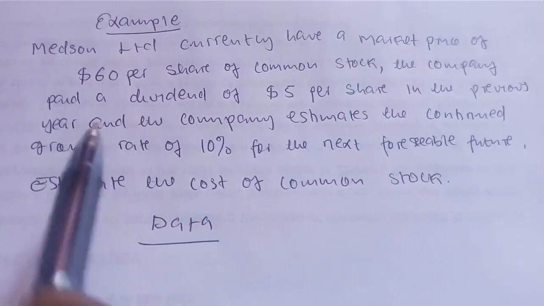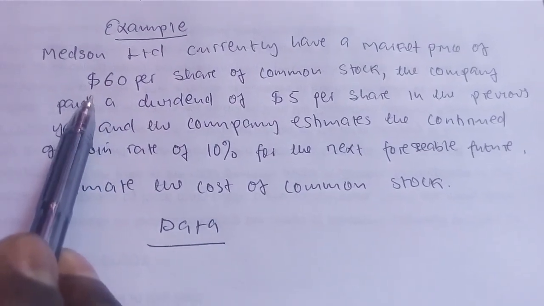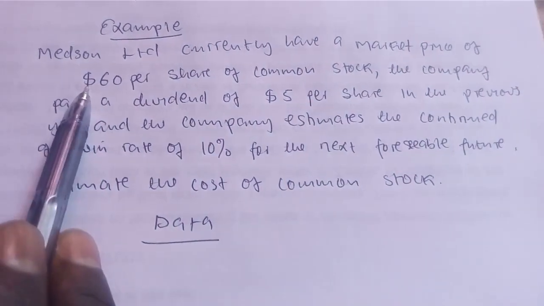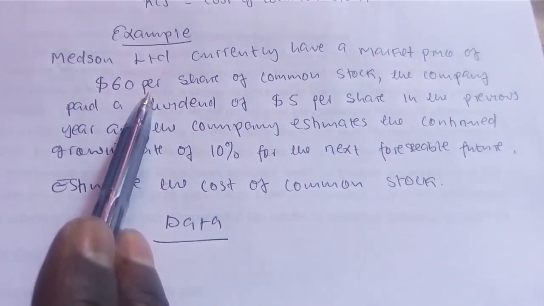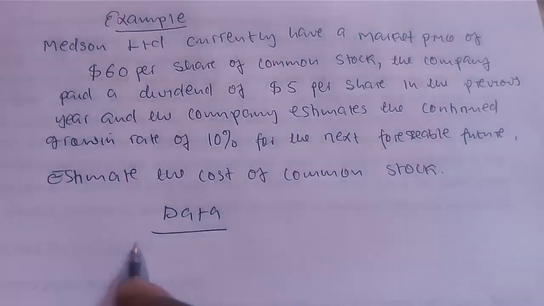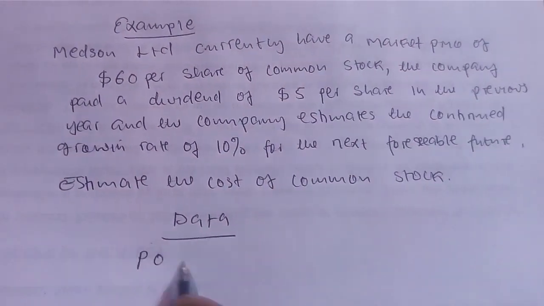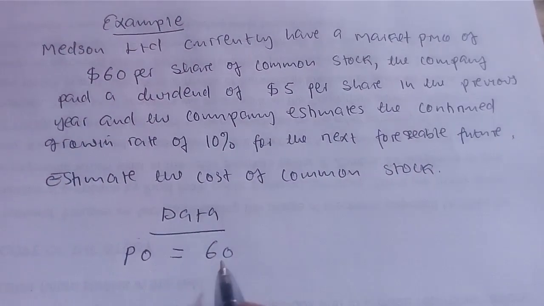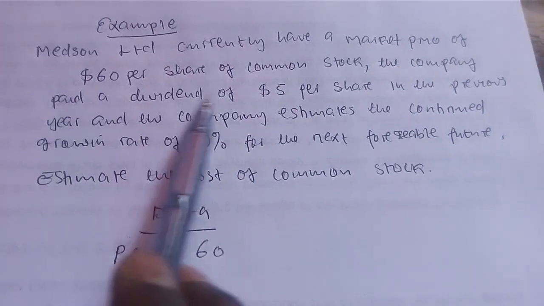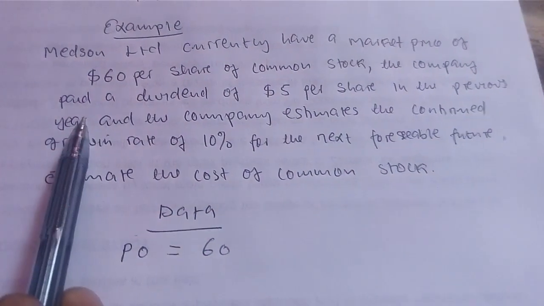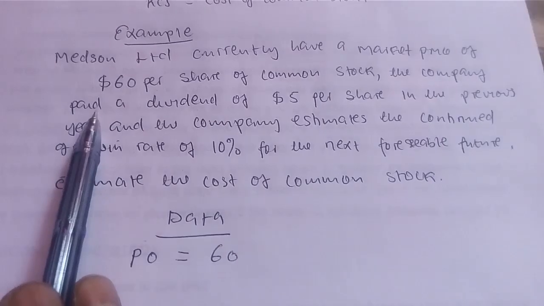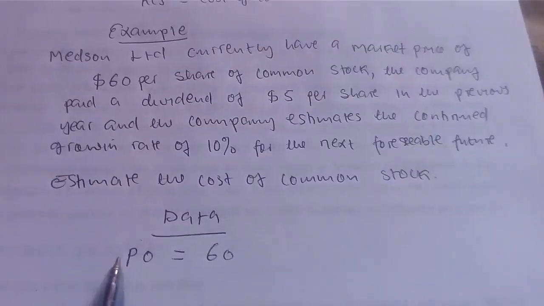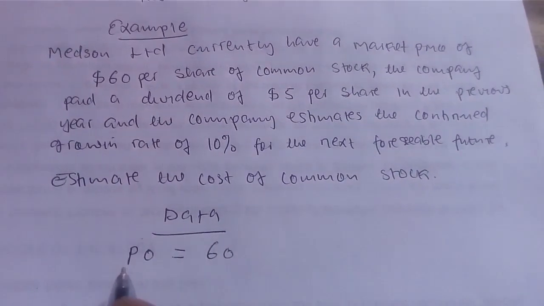So the first thing that we come across in this scenario is the market price. The market price in the formula that we have there is denoted by P0, which is $60. And then the second thing that we come across is "paid". This is the past tense, meaning that it's not our D1, but it's the previous dividend.